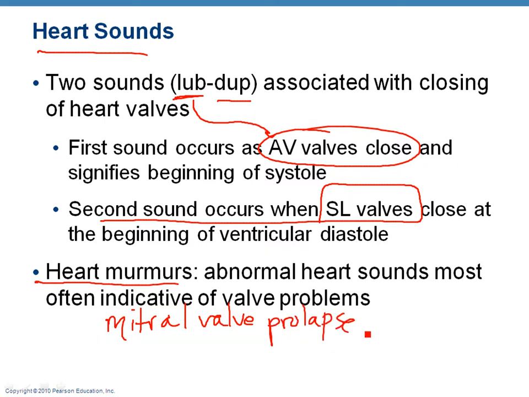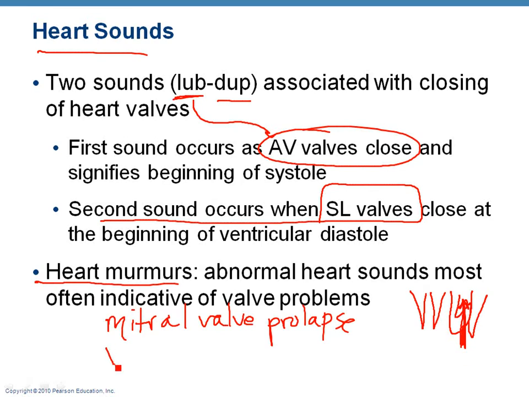If you think about your bicuspid valve, those two little flaps hanging down from the left atrium into the left ventricle, if one of those flaps gets folded upward, flipped upwards, sometimes you'll have some backflow of blood from the ventricles into the atria because one of those flaps is folded over in an improper way. That's a mitral valve prolapse.